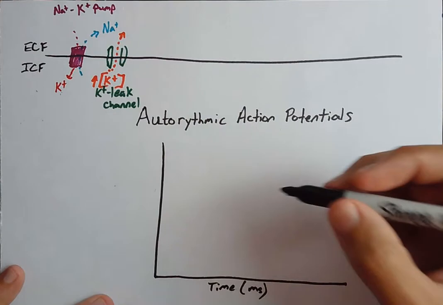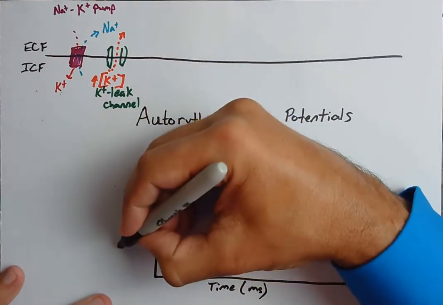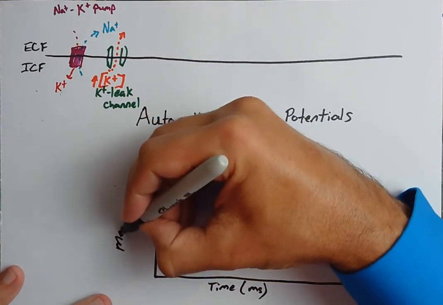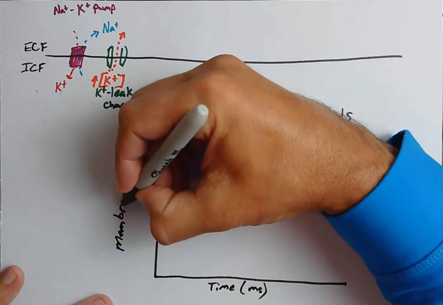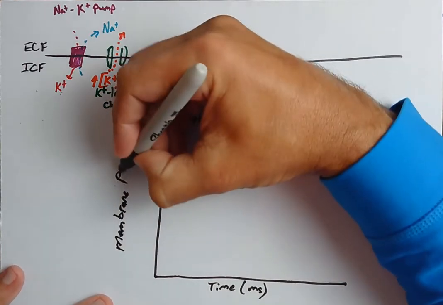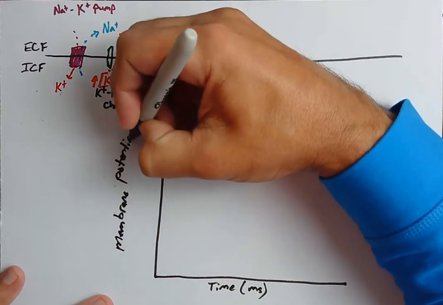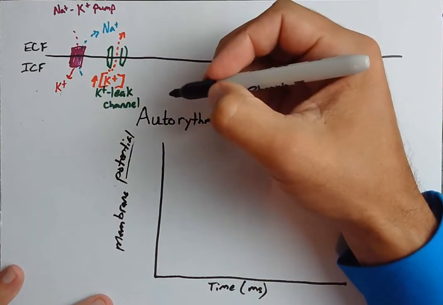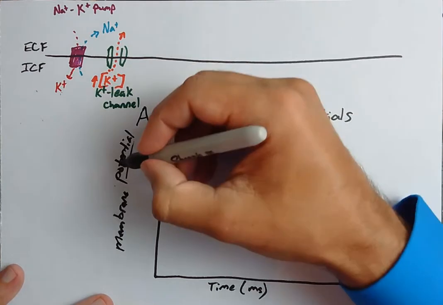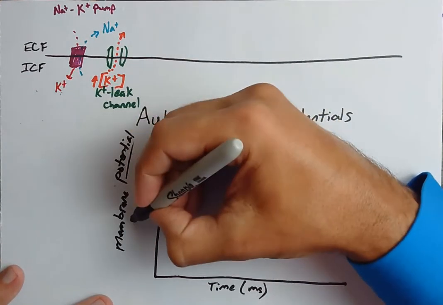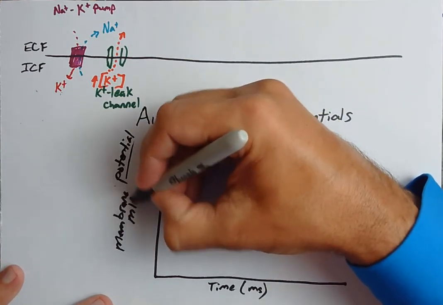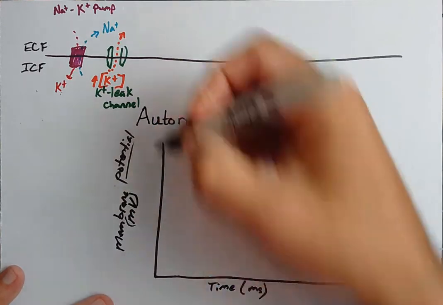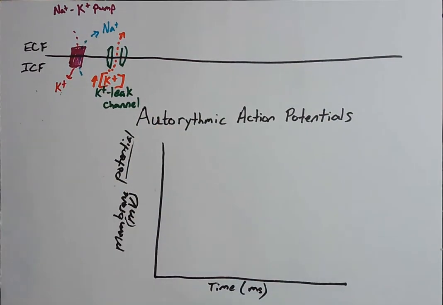And then over here on the y-axis, we're going to say what is going on with the membrane potential. Potential, that word right there tells us voltage. That's what potential means in science. And everything in the body is happening in relatively small voltages, so we're working in millivolts over here.